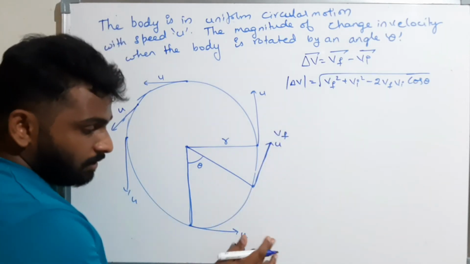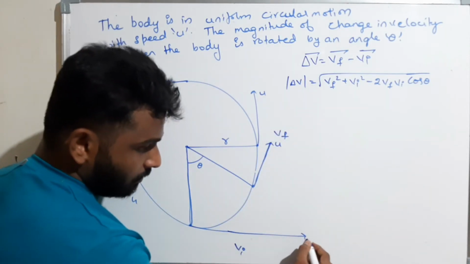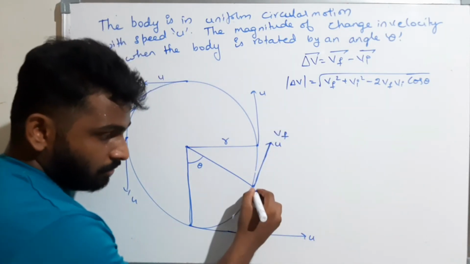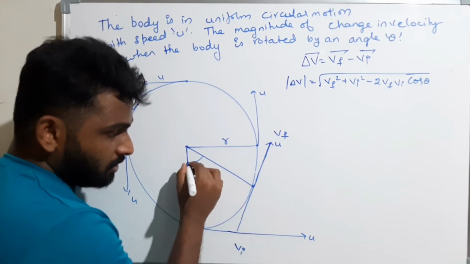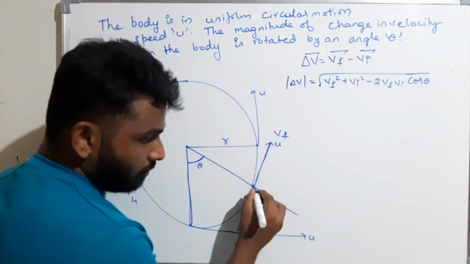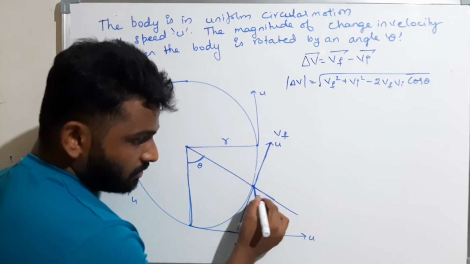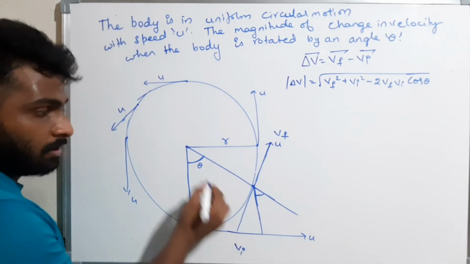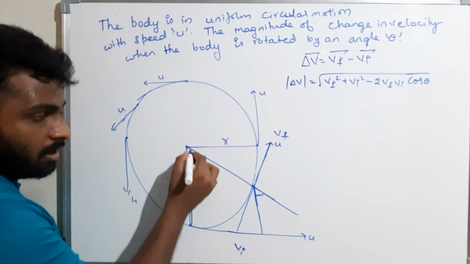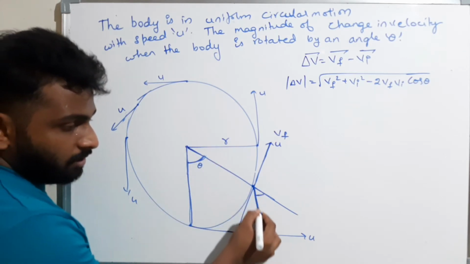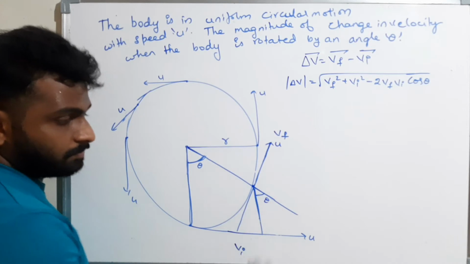Now see here. If this is u bar, and this is theta. What is this angle? This theta is the angle between the vertical and this line, and this is also vertical and this is the line. What is this angle? Theta.